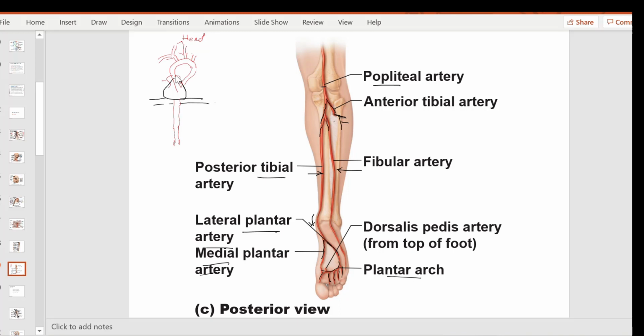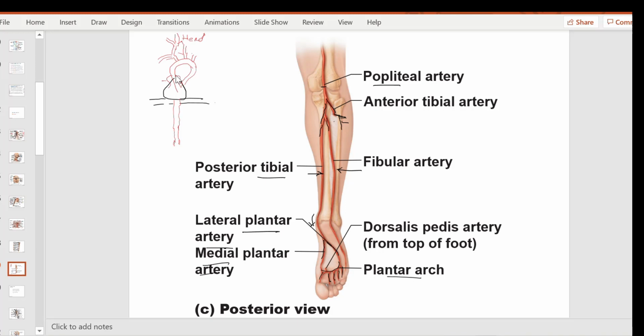Internal mainly to the brain, internal part of the head, and external mainly to the outer part of the head, that means to the face, bones, muscles, skin, to the cranial bones and scalp. So the common carotid divides into external carotid and internal carotid.